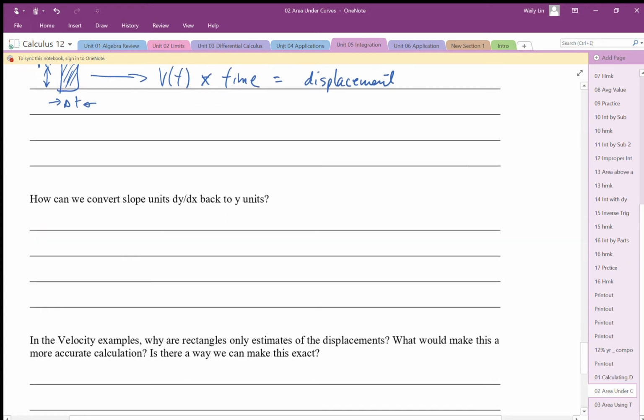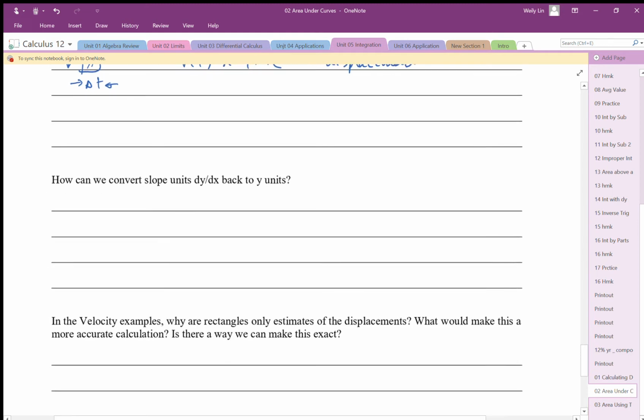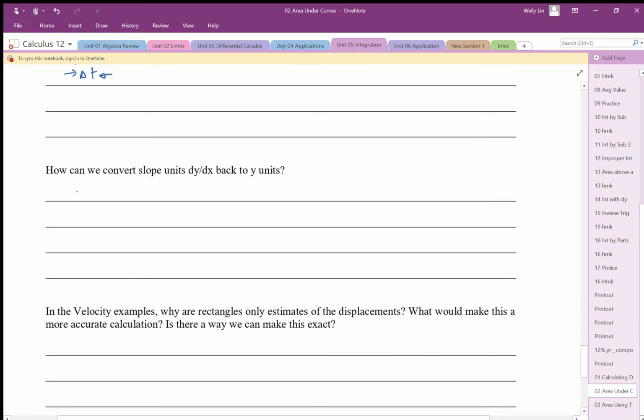So how can we convert the dy by dx units back into y units? Well, if I multiply dy over dx by some dx, what I will end up getting is dy. So we can multiply the derivative, f prime, which we talked about as the height of the function, by dx.